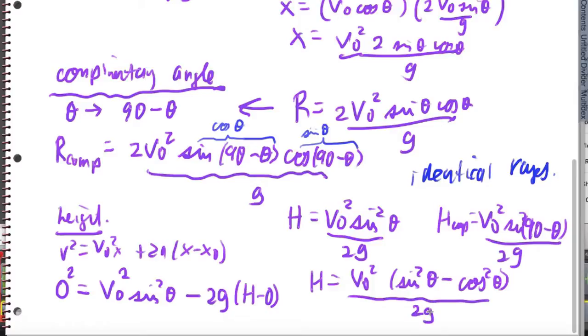There are some double angle formulas I suppose we could use here if we wanted to. I leave it like this, but if I were feeling fancy, I'd try to find the double angle. I think it's cosine of 2 theta or something like that. Is it? We can check that. Is this cosine of 2 theta? I don't remember, but we can definitely check it out later. So that's the difference in height between the two of them.